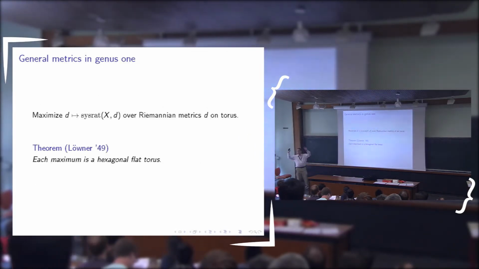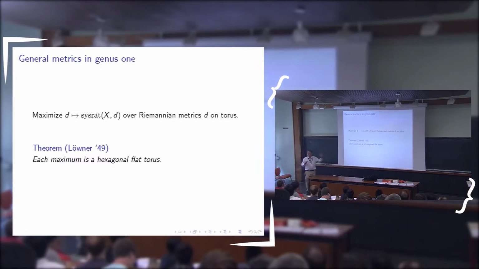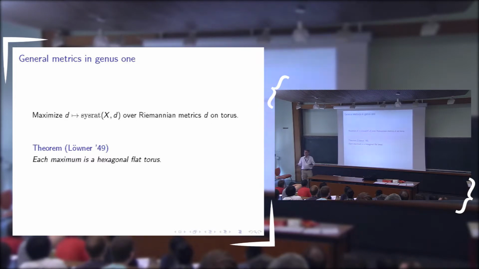All of this business goes back to Loewner, the first result in this direction was due to him, who actually is my great-great-grand advisor. So I feel it necessary to pay tribute to Loewner, which everyone does. So if you just look at genus 1 and you look at all Riemannian metrics, then the systolic ratio is maximized for the hexagonal flat torus.